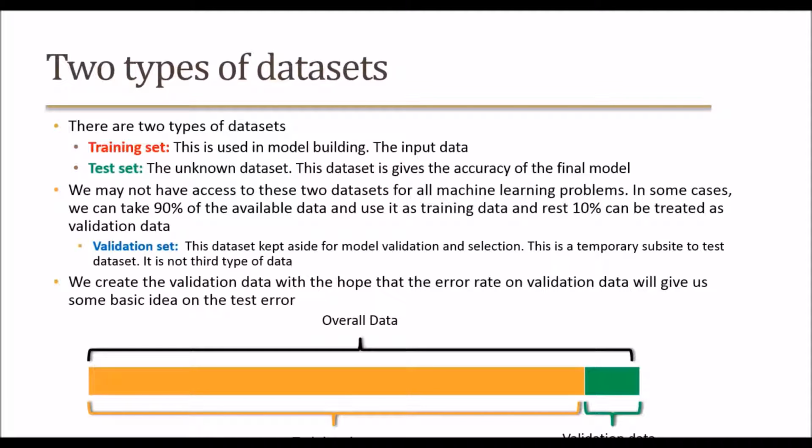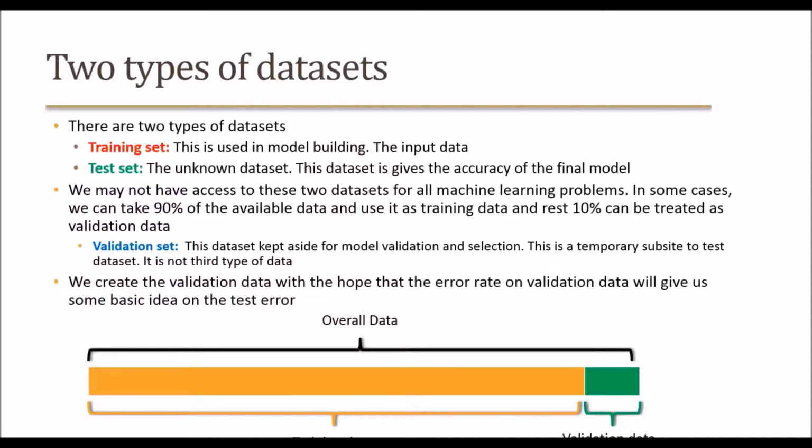When we have only the training data set available, we can take 90-10%: out of the overall data, 90% as training data and the remaining 10% as validation data set. Validation is nothing but a substitute for the test data set, a temporary test data set. Since we don't have the test data set, we have created the validation data set. Sometimes it is created with the rule of 70-30, 70% training and 30% validation, or even 80-20.